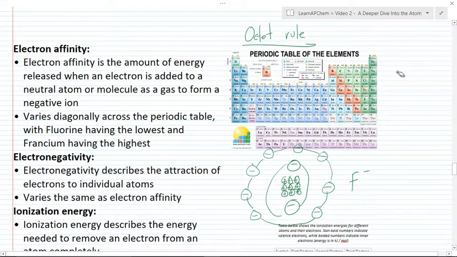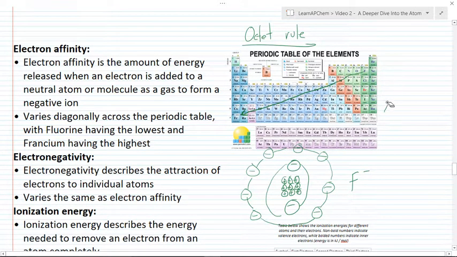So to answer your question very succinctly, the general trend of electron affinity decreasing diagonally like so does not apply to noble gases, in the sense that helium does not have the lowest electron affinity. That being said, as you move down, because we're adding electrons further and further from the nucleus, the trend absolutely applies.